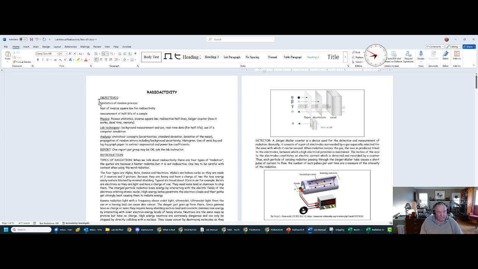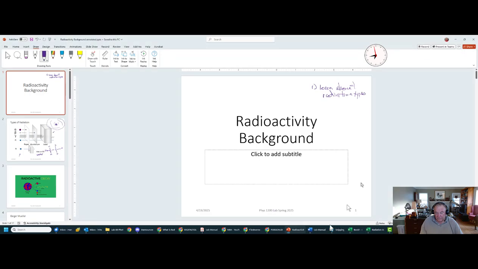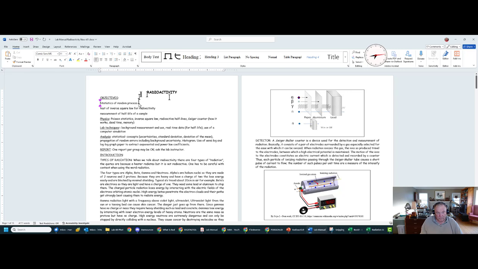Okay. So on top of just learning about what the radiation types are and what a Geiger tube, a Geiger counter is, we're going to explore random processes, the statistics of random. That's the Poisson.